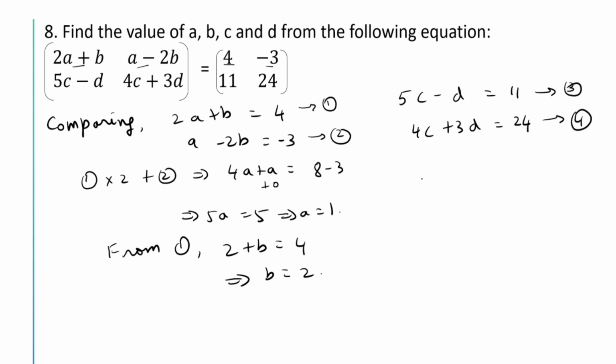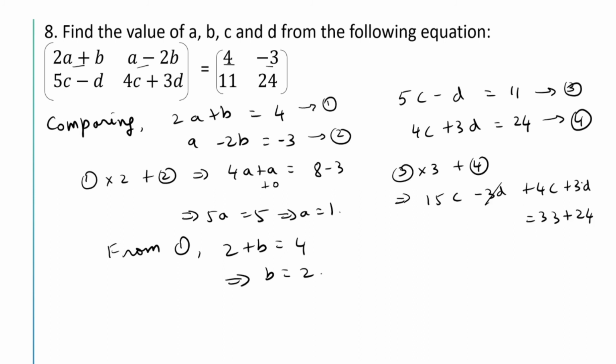Now let us solve equation 3 and 4. So let us multiply equation 3 by 3 and add it to equation 4. We get 15c minus 3d plus 4c plus 3d is equal to 33 plus 24.